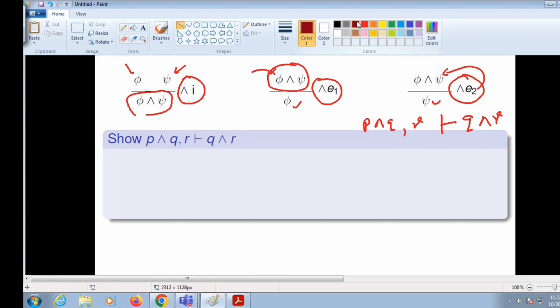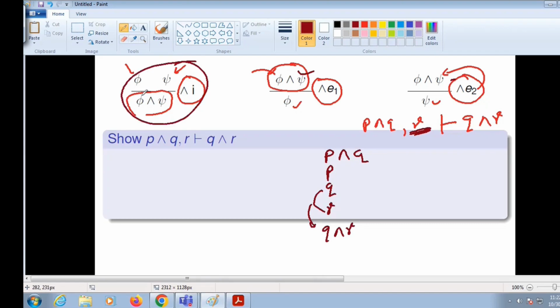You write that I have P and Q. So if you have P and Q, you can say that you have P and you have Q, using this thing. And R is also given to you. So since you have Q and R both, you can write that you have Q and R, using this thing. So this is the way to derive it.